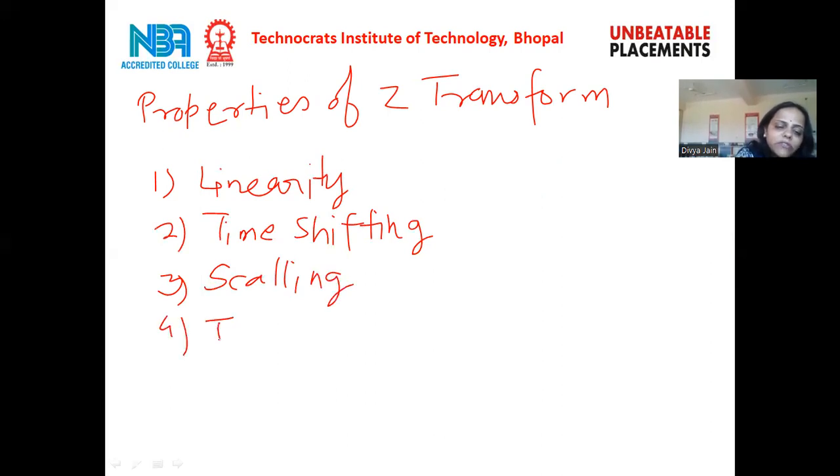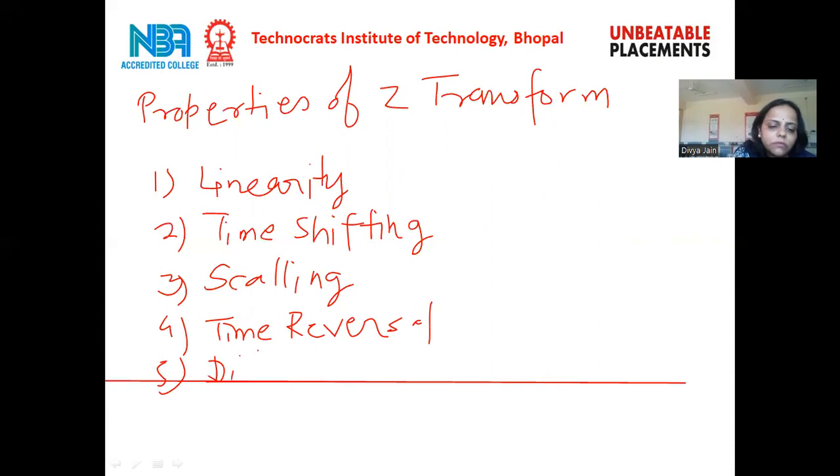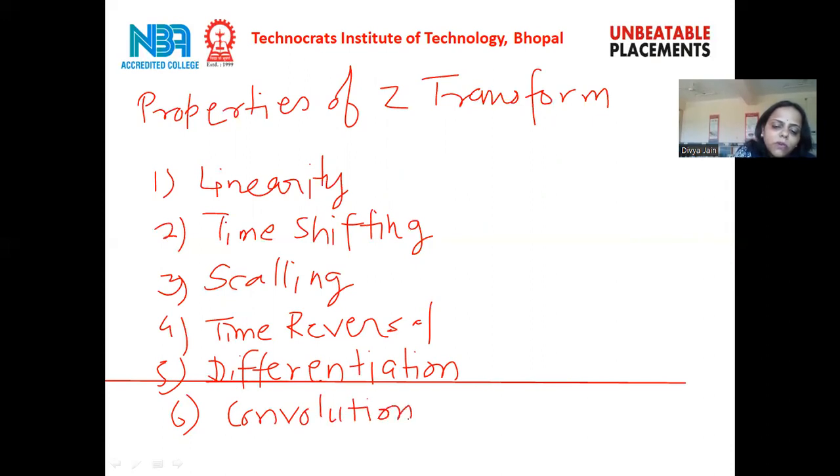Fourth is time reversal. Then differentiation property. And then convolution. So first we discuss the linearity property of Z transform.